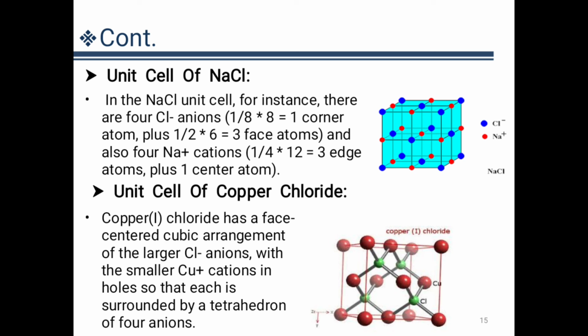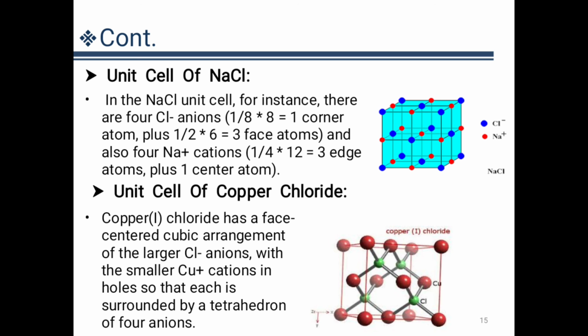And next is 1 plus 1 over 2 times 6, equal to 3 faces of the atom, showing 3 atoms, and 4 sodium cations, and 3 edges atoms plus 1 in the center. 3 edges means that 3 corners.